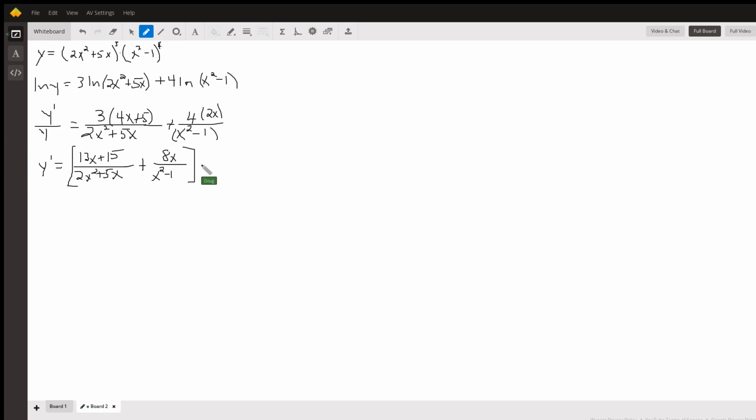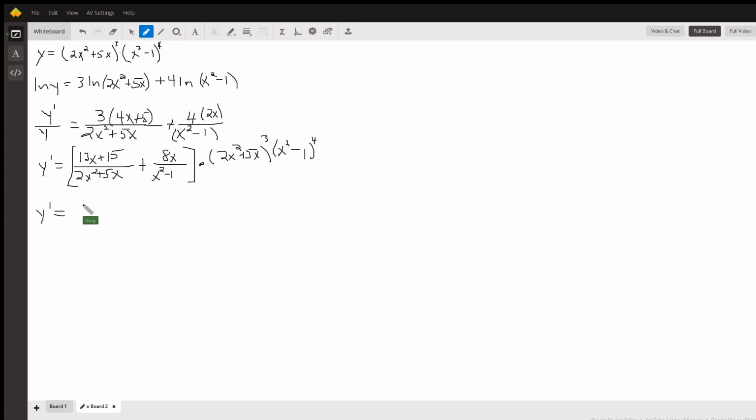But now I have to multiply both sides by y in order to isolate y prime. And y is 2x squared plus 5x, quantity cubed, times x squared minus 1 to the 4th power. And if I actually distribute these two binomials over the brackets, well, the whole idea is that when I take these two binomials times this first term, this 2x squared plus 5x in the denominator cancels out.